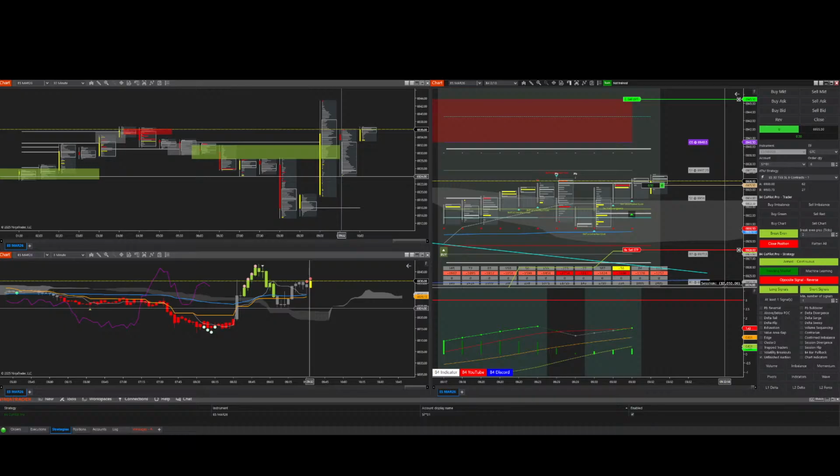And you'll notice I have my mouse synced right here, global scroll. So whenever I move on this chart, it's also moving on this chart and this chart. That way I can check different aspects of the charts at the same time.